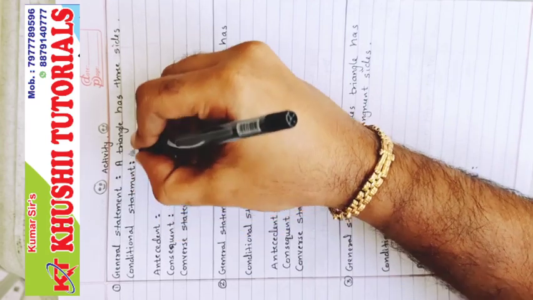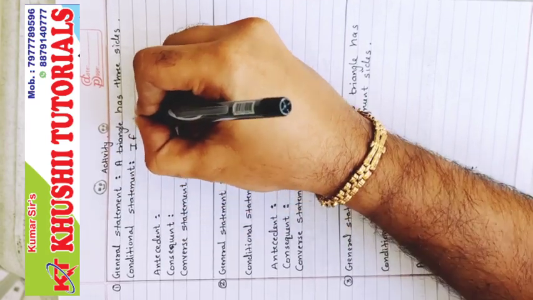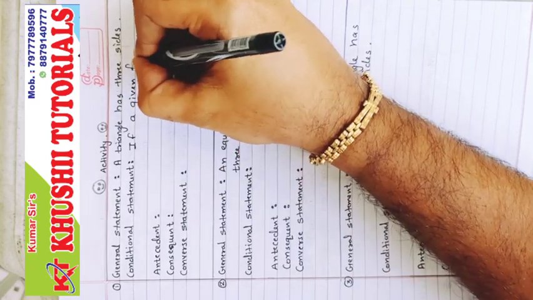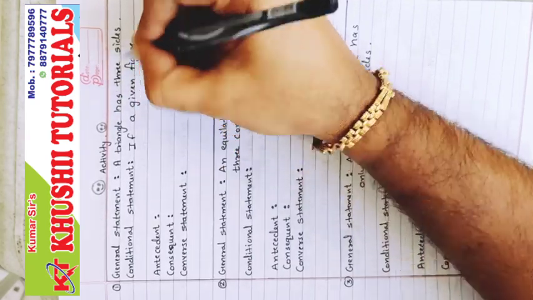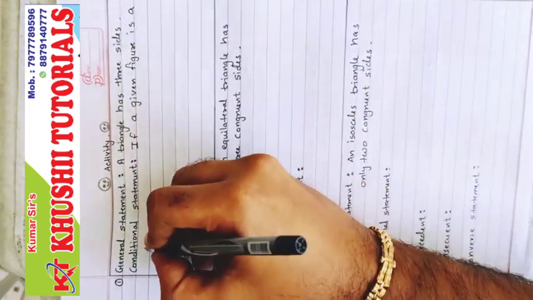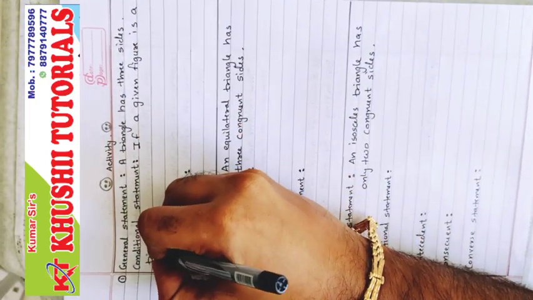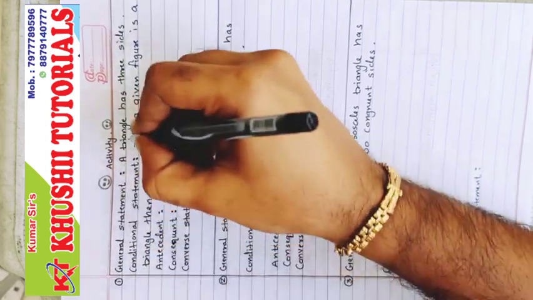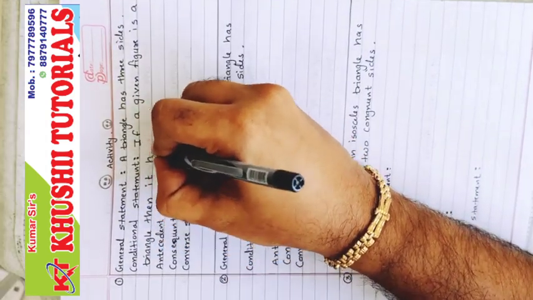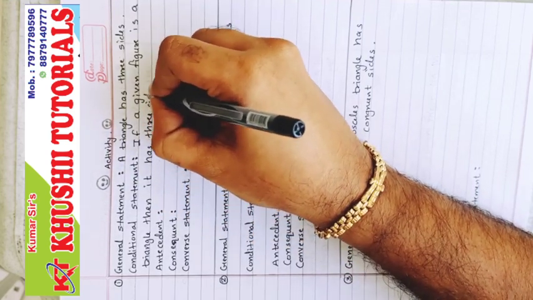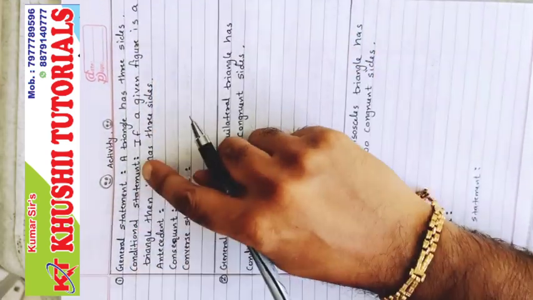The conditional statement will be: if a given figure is a triangle, then it has three sides, because a triangle is a figure.